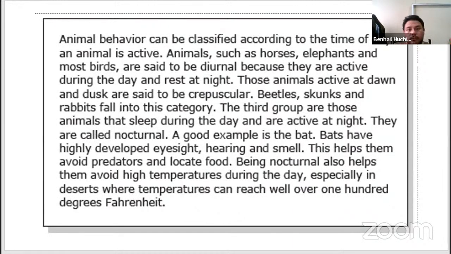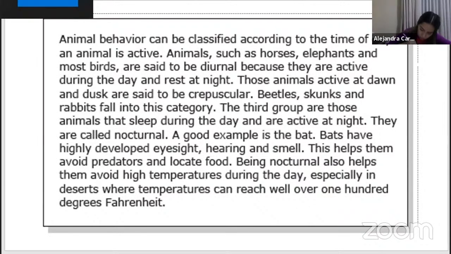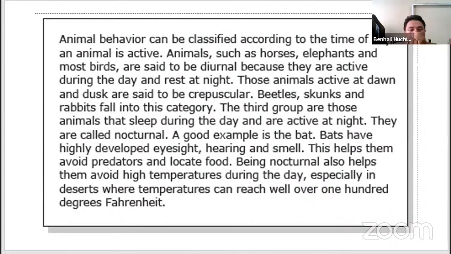Directions. Now listen to a lecture on animal behavior. Good afternoon. In this lecture, we'll focus on a common nocturnal animal, the bat. There are two types of bat, microbats, or true bats, and megabats, also called fruit bats. Let's start with megabats. Size-wise, megabats are from 2 to 16 inches in length. Megabats have extremely sensitive sight and smell. This helps them locate the flowers and fruit upon which they feed.